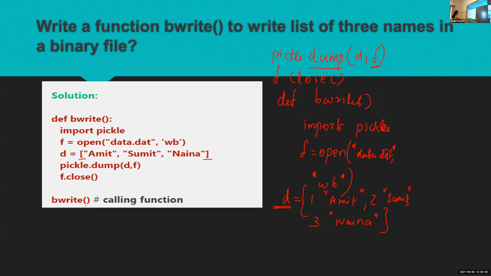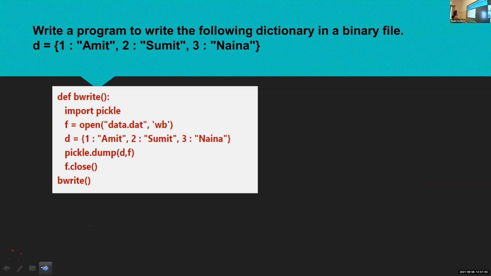Just check the next question. Def bewrite, import pickle, after that f is equal to open data dot dat, wd, then d is equal to a dictionary, after that pickle dump, then f dot close, then call the function bewrite.